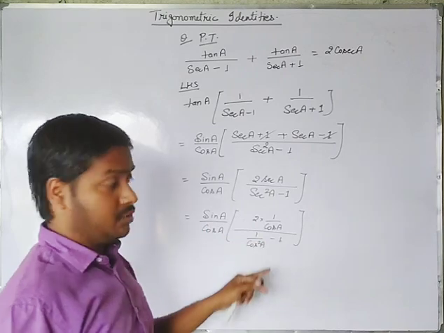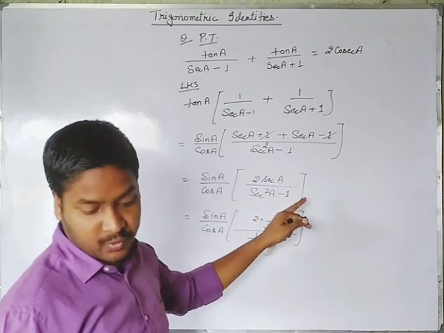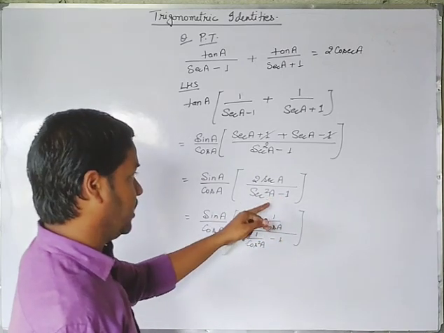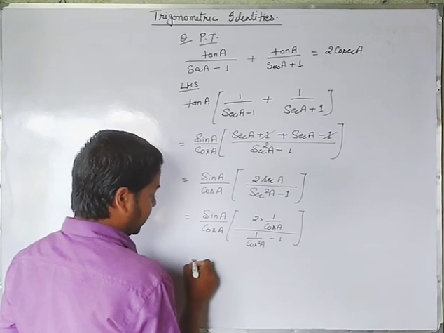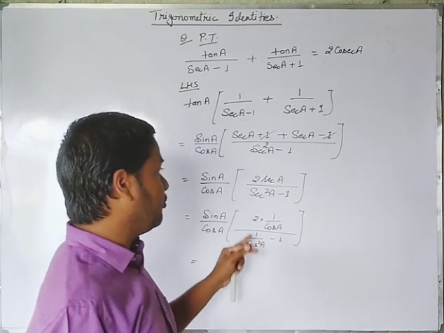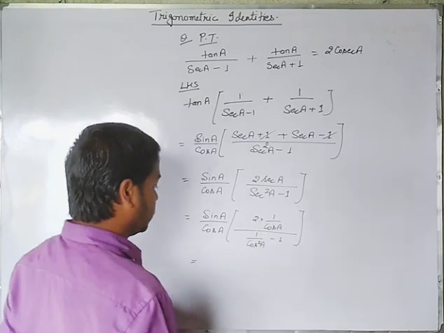It will become easier. Here you can also write it with the formula: sec square A minus 1 will become tan square A, but no need to write directly. I will proceed further to make it easier. If you forget this formula, then you are unable to solve, so make it in sin or cos.